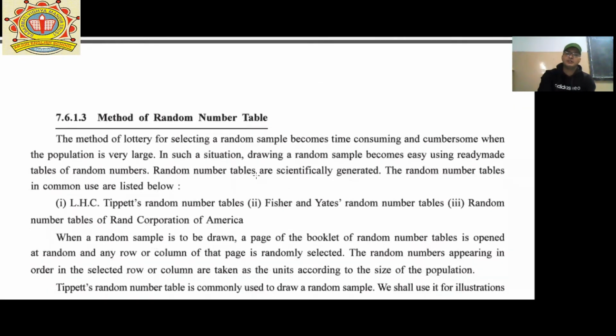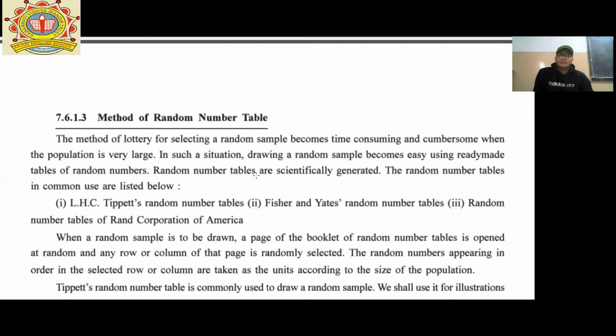Okay, the method of random number table. This method is not important, but under it there are some techniques which can be asked for 1 mark. These techniques under random number table are, first, LHC Tippett's random number table. Second, Fisher and Yates random number table.